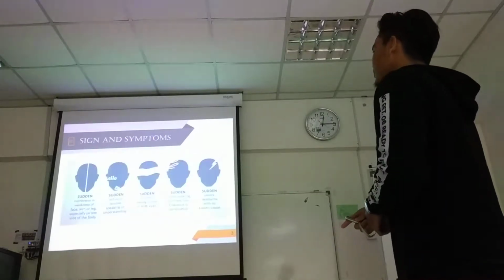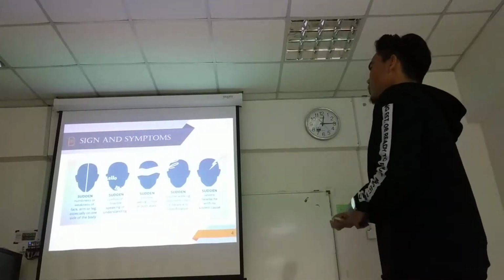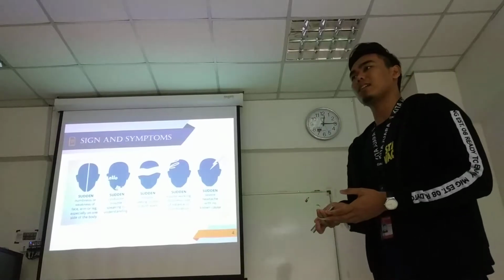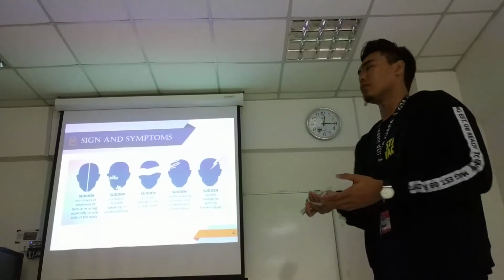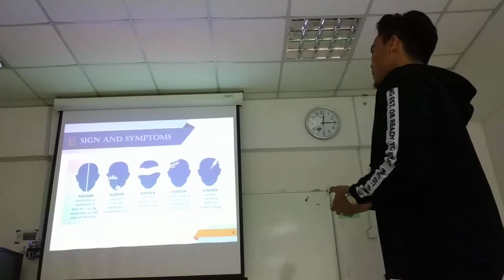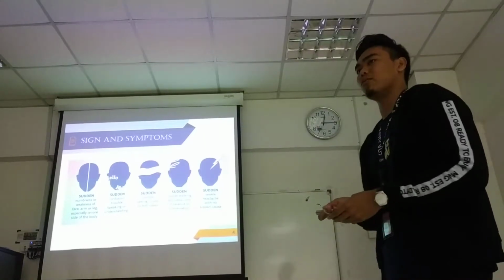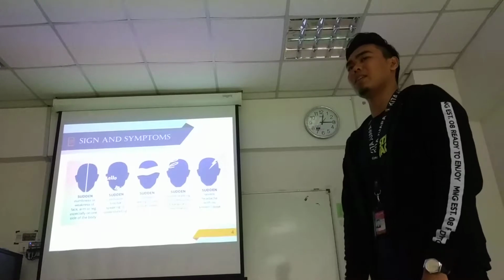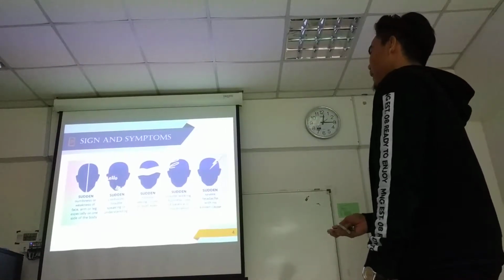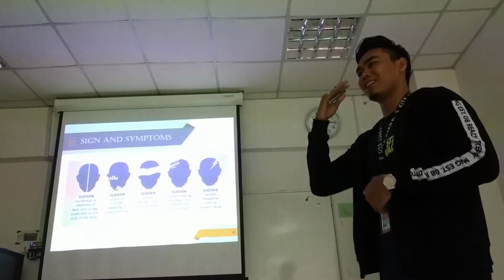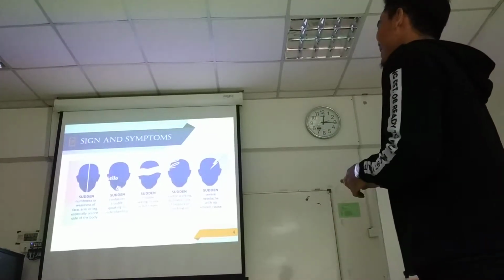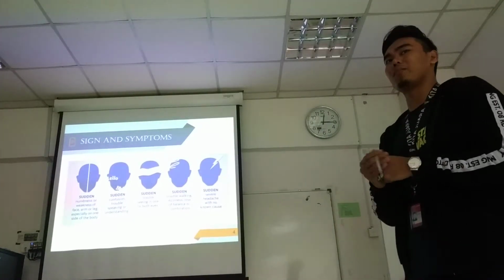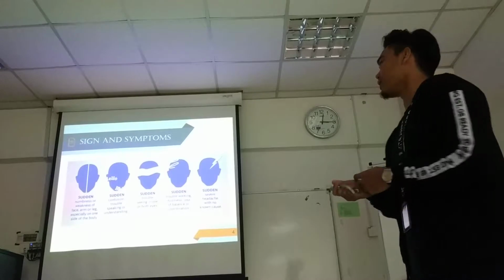So how do we detect the stroke? First, the patient will have sudden weakness or numbness on the leg or any limb, either from left or right, top or bottom. Next, sudden confusion in speaking and understanding.